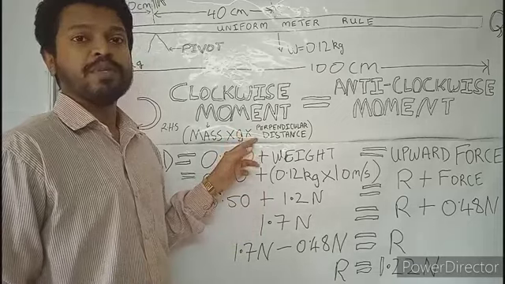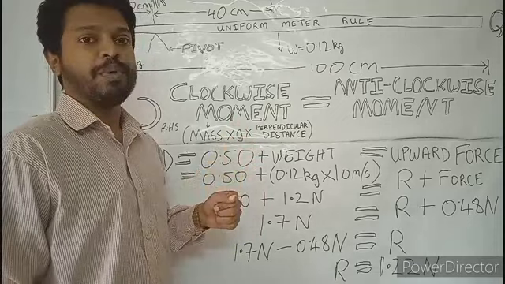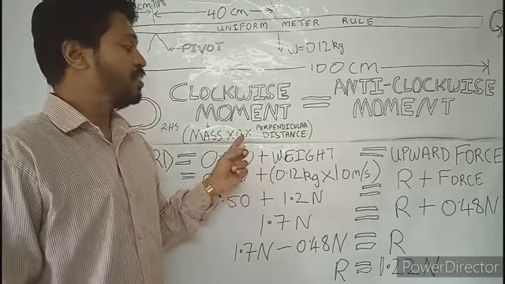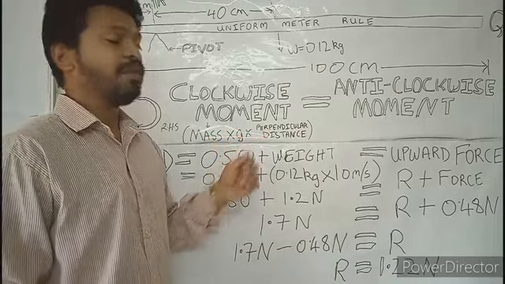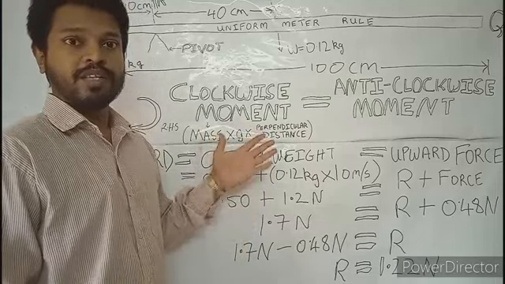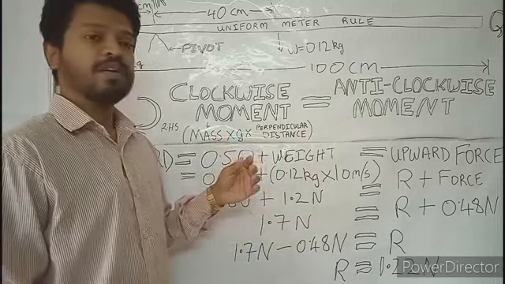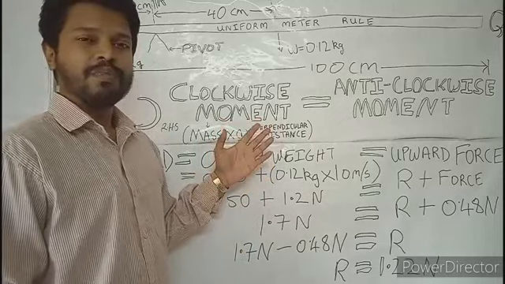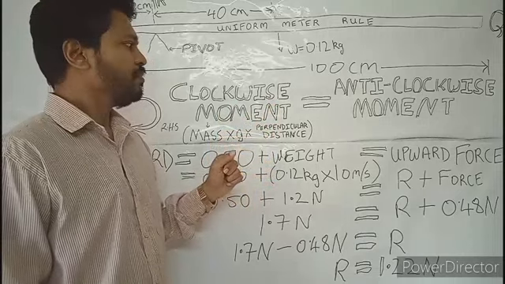You should always be accustomed to what a moment is. Moment is equal to mgh, where m is the mass, g is the gravitational acceleration, and h is the perpendicular distance. We have already seen that multiple times. I was just giving you a brief. So we will use the same equation.